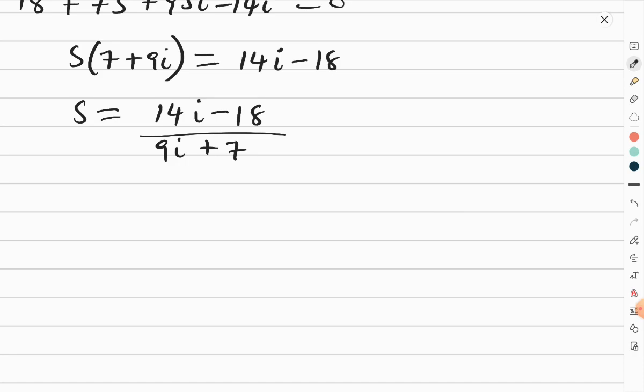Now let's get into how we simplify this one. You'll remember that when you're dealing with rationals, we have to multiply by the conjugate of the denominator. So the conjugate of the denominator is going to be 7 minus 9i divided by 7 minus 9i.